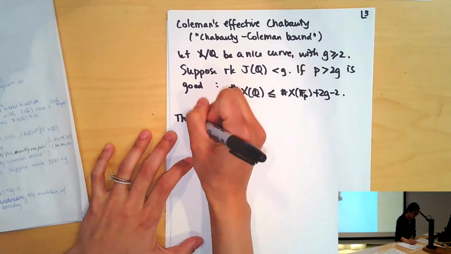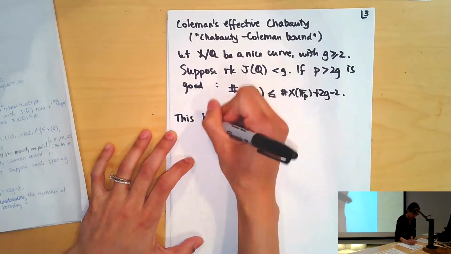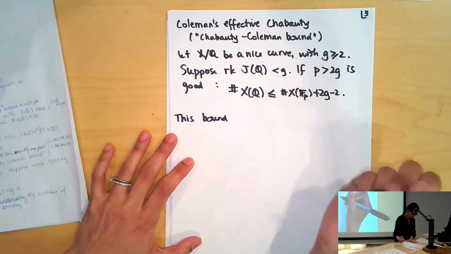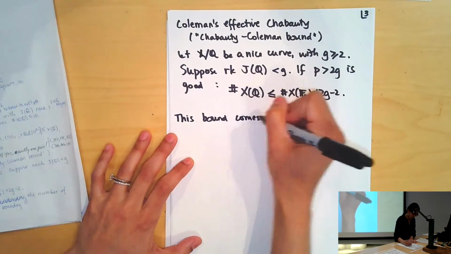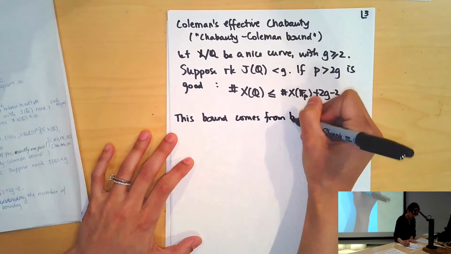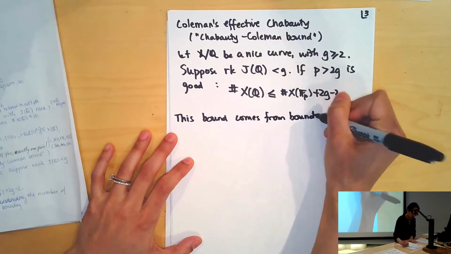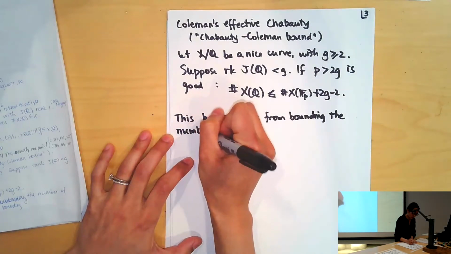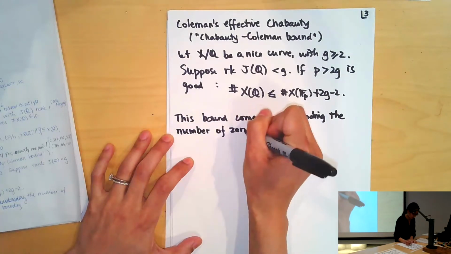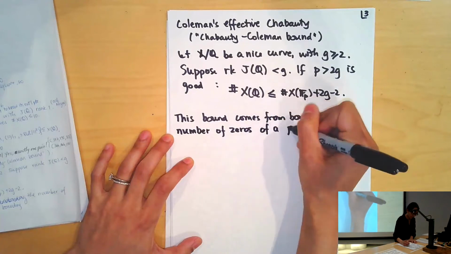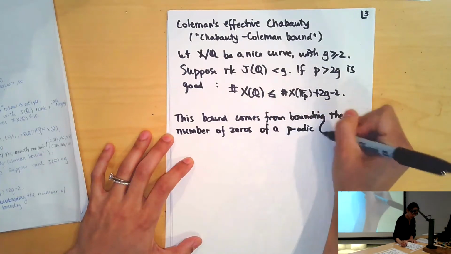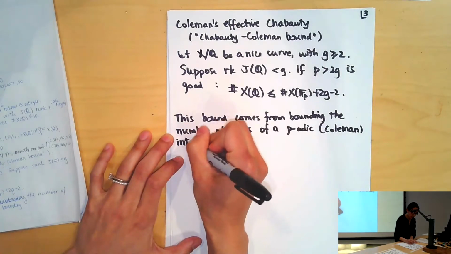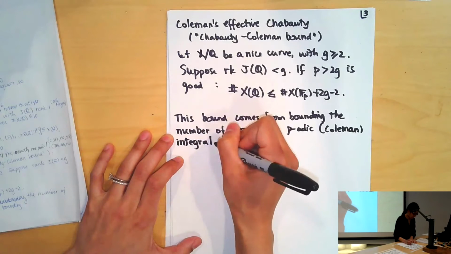And as we heard this morning, bounds like this come from understanding the number of zeros of a p-adic integral. So this bound comes from bounding the number of zeros, and we call these integrals Coleman integrals.